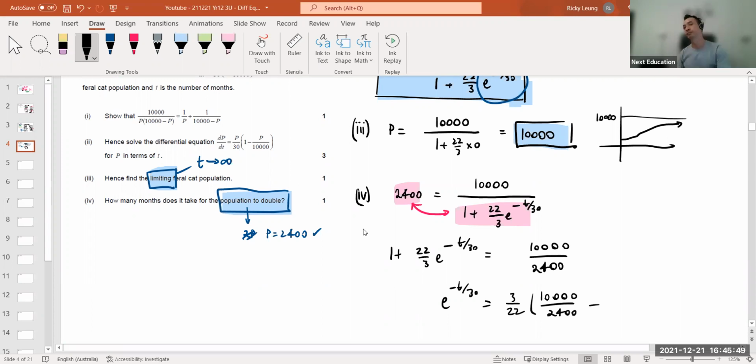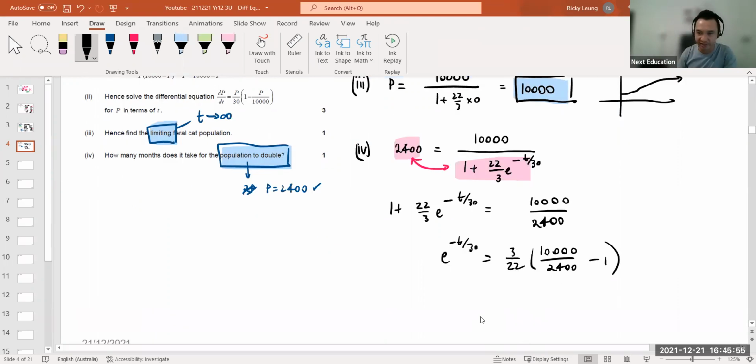minus 1, right? Log both sides, times the 30 up, divide the negative down, boom, right? Whatever this is on your calculator, whatever that is, you're going to get t equals ln of this guy. I'll simplify that in a sec, so bear with me. I just want to show you the working out. And then, so that's like negative t on 30.